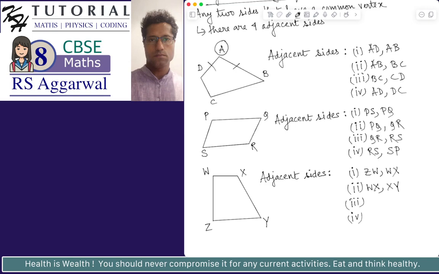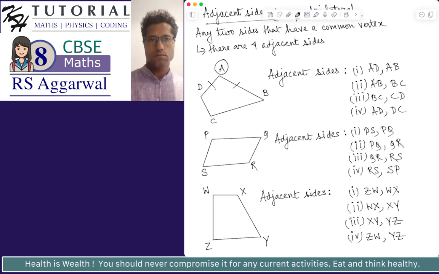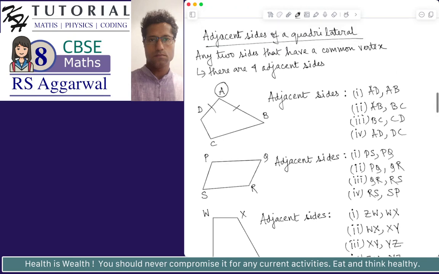Considering the vertex Y, the adjacent sides will be XY and YZ. And finally, considering the vertex Z, the adjacent sides will be ZW and YZ. So these were the pairs of adjacent sides of a quadrilateral, and there are four pairs of adjacent sides in a quadrilateral.